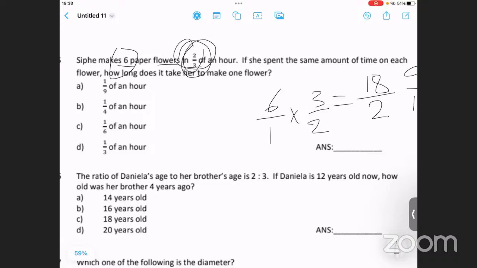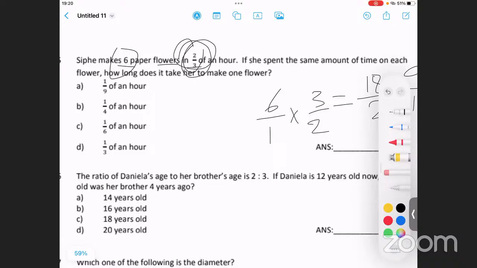I wanted to say I got the answer of 1 over 9. Yes, and that's correct. Did you understand what we did here? They are saying that this person Sipe takes 2/3 of an hour to make 6 paper flowers.